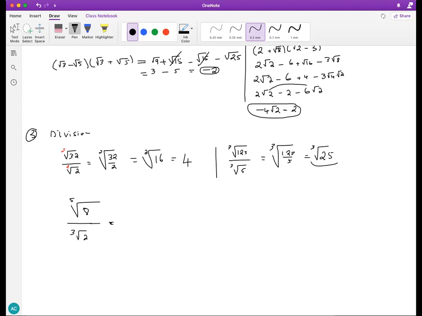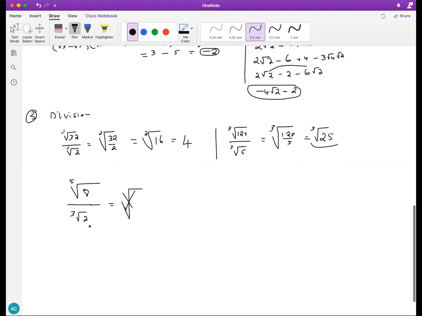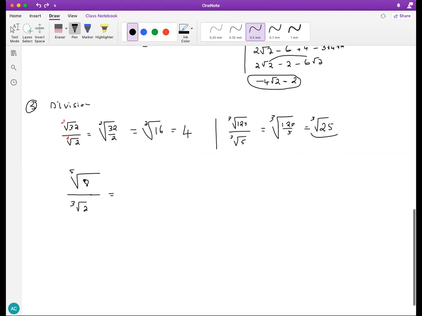Can we divide these two right away? The index is not the same. You cannot do this. Okay, so you cannot do 8 by 2. The index is not the same. We have 3, we have 5. But you can try to simplify this.